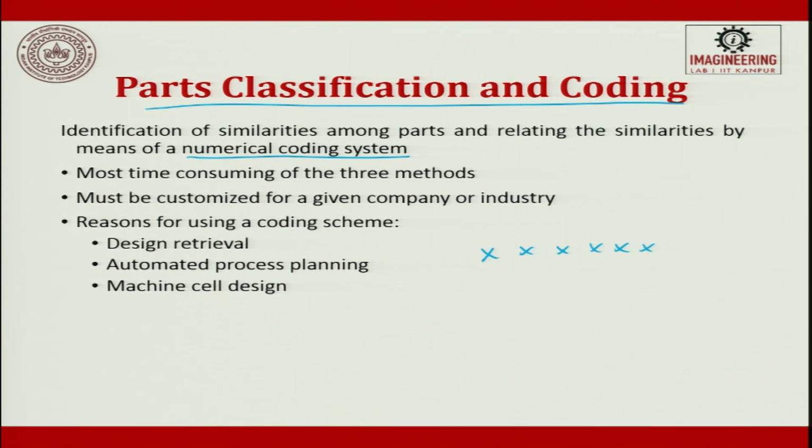Like your bank passbook number, initially we had only 5 or 6 digits. Today it has increased to 13 digits. So, what is that? It is nothing but converting an individual's account into a unique number, which is given by the numerical coding system. That is what it is.